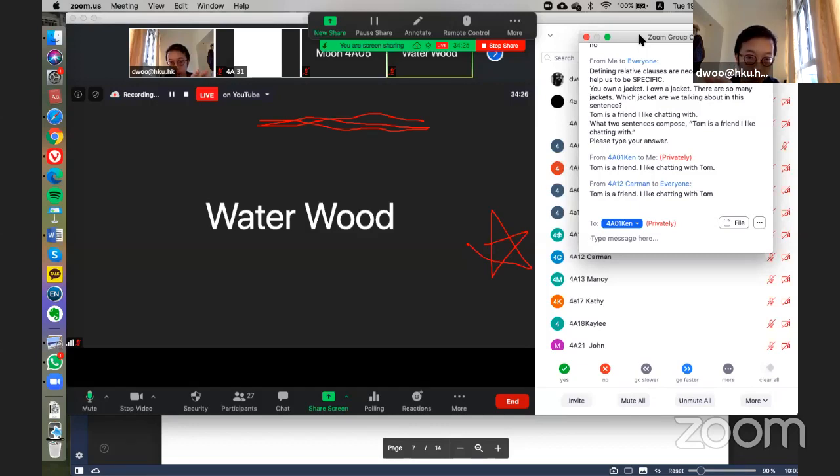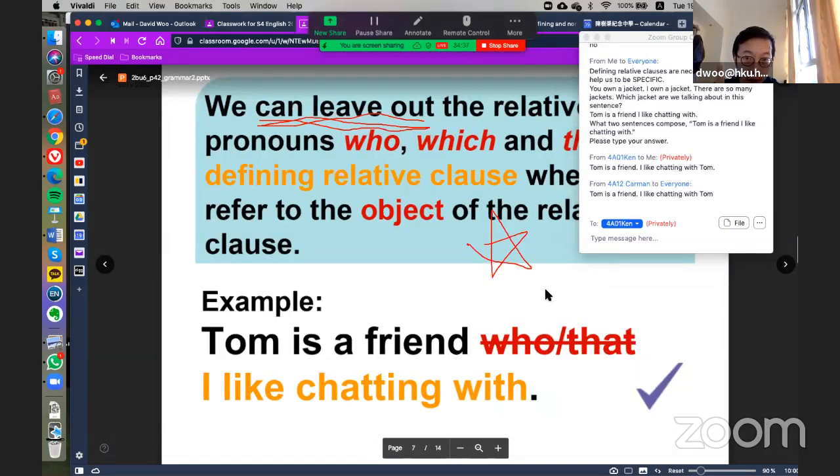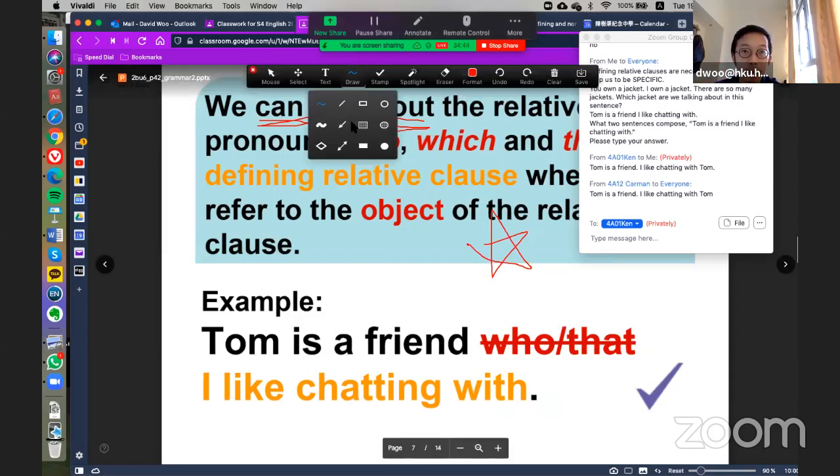You're close. Ken and Carmen, Tom is a friend. I like chatting with Tom. You're close, yet I don't think you understand yet. Who and that refer to a friend. It doesn't refer to Tom. This refers to Tom.